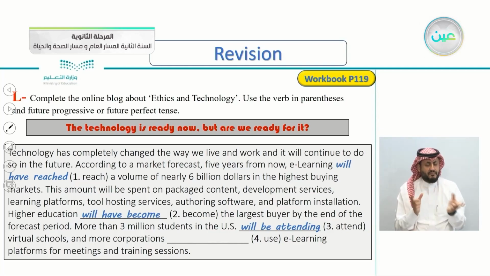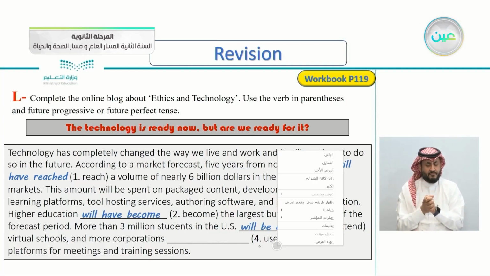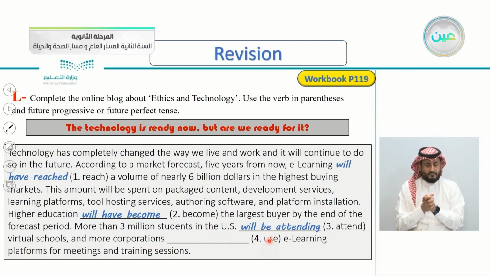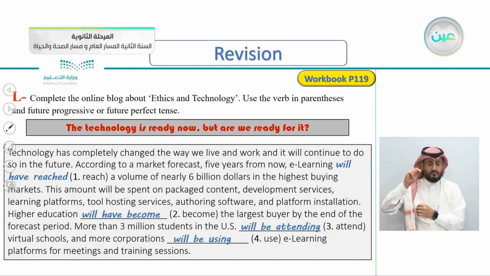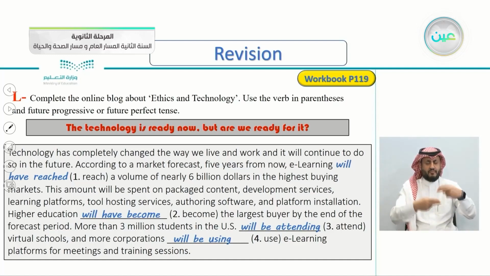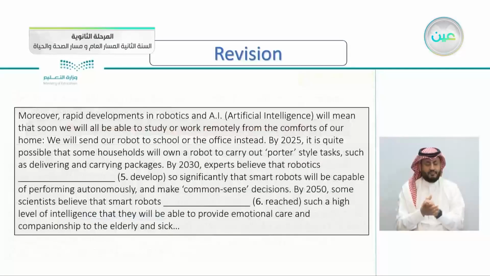So, number 4 here is use. So, what to write here? The verb here is use. And more corporations will be using. So it's the same thing. We're talking about something that will be in progress in the future. And more corporations will be using e-learning platforms for meetings and training sessions.